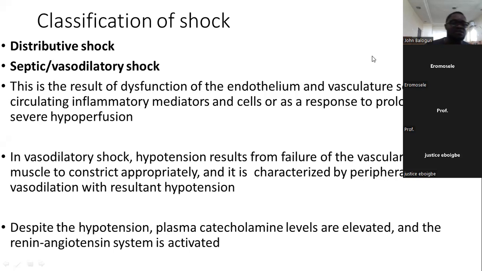Gram negative organisms have a cell wall that has the lipopolysaccharide, like lipid A, and the peptidoglycan layer, right? So the lipopolysaccharide particularly is the part that's very endotoxic in nature, and that's the part that is more efficacious in causing septic shock.